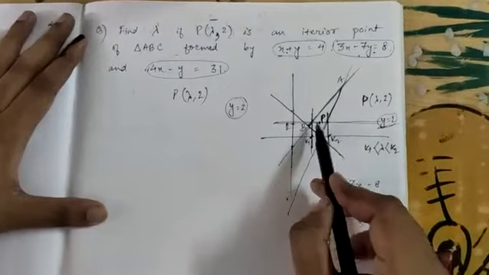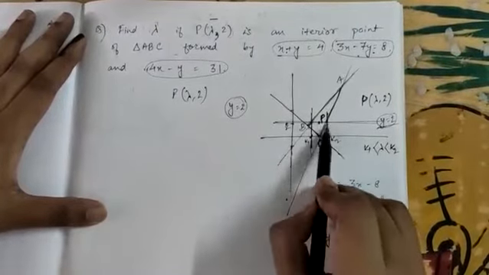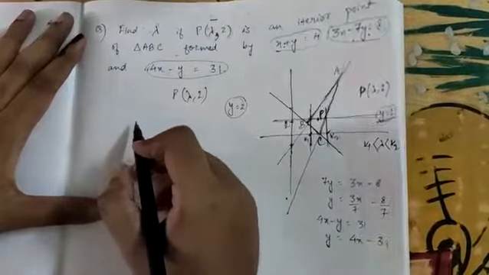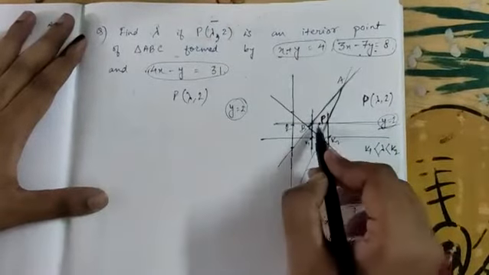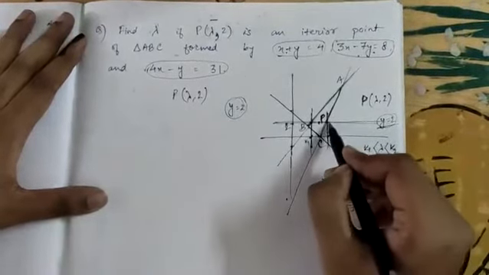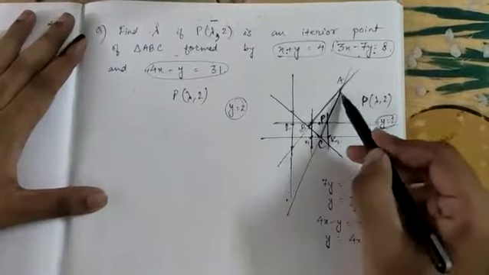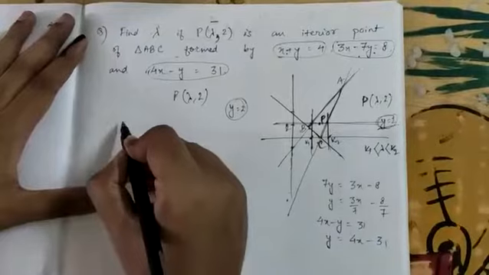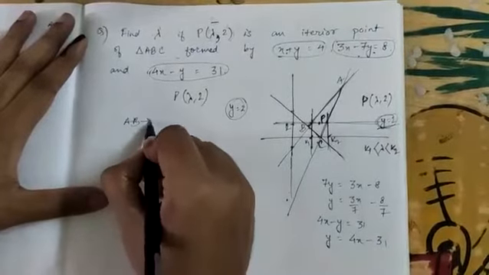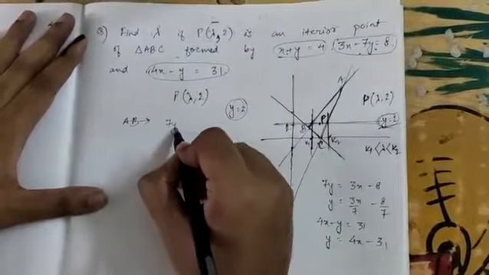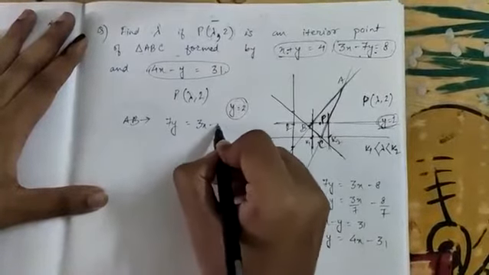So for this, what can I do? I will have to find the point of intersection of the lines y equal to 2 and AC and AB. Suppose AB, which equation had I taken as AB? AB is 7y equal to 3x minus 8.